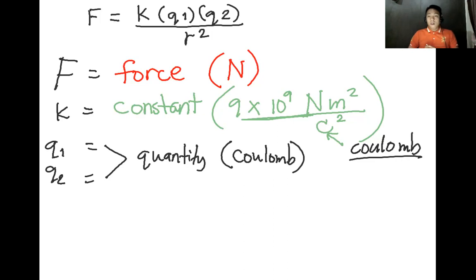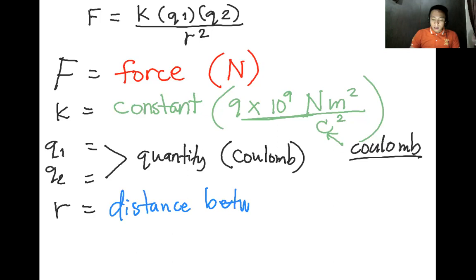And then the last one we have the R, and R represents the distance between the two particles or the charges.